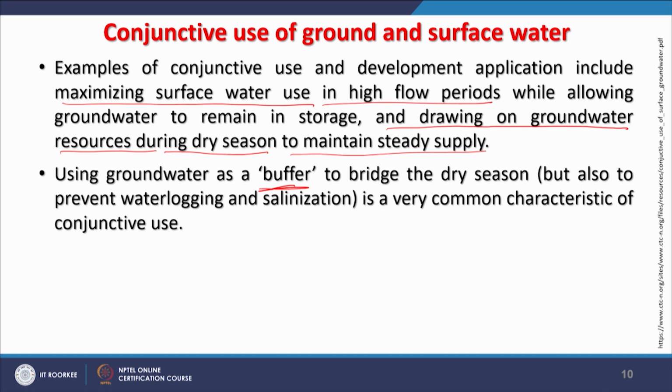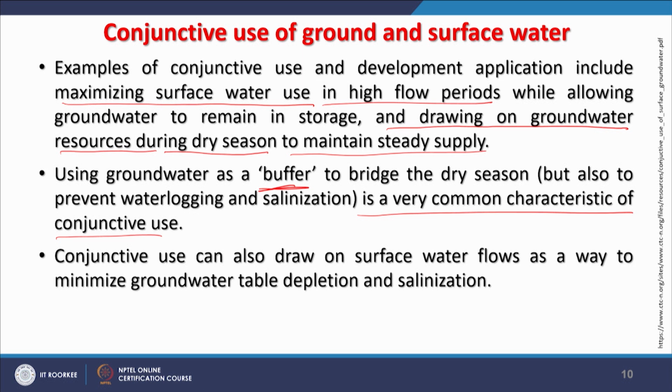If clay soils are there in some area and groundwater tables are very shallow, then these problems come. So, we can use groundwater as a buffer to bridge the dry season, that means to have a sustainable supply of water during the dry season from the groundwater resource, and this can be a very common characteristic of conjunctive use.